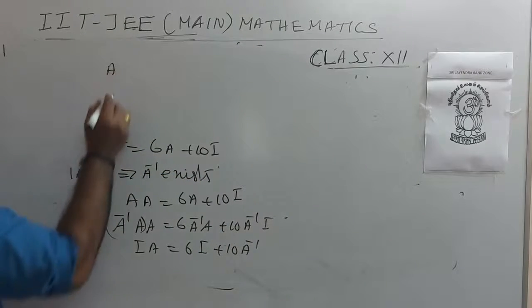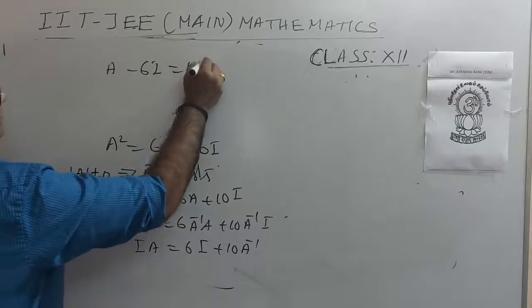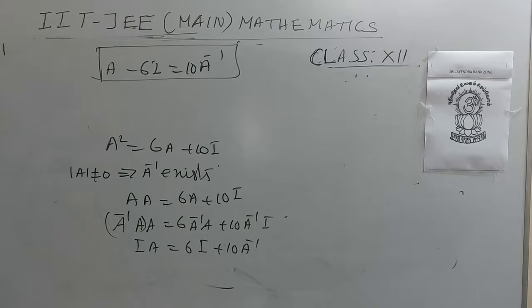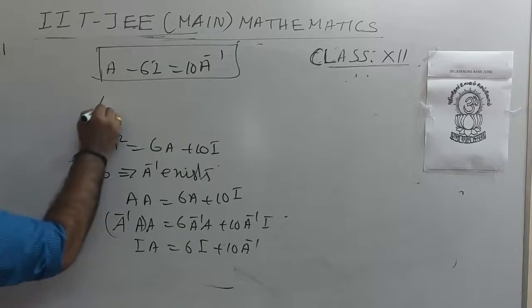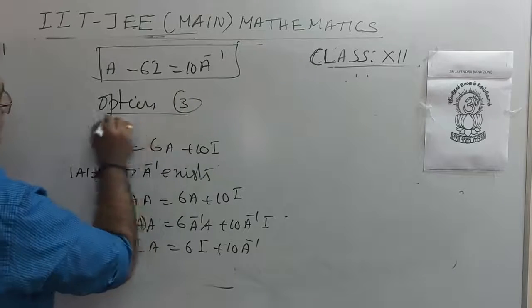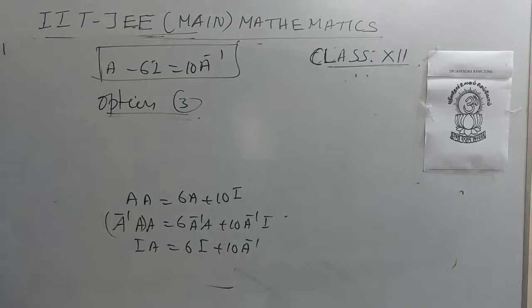That is, A minus 6I equals 10 times A inverse. So option 3 is correct.